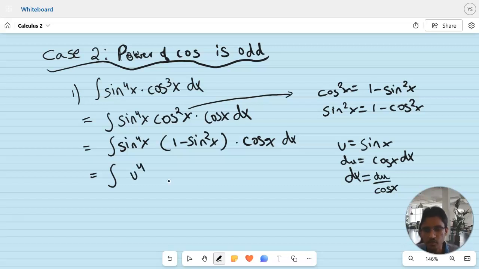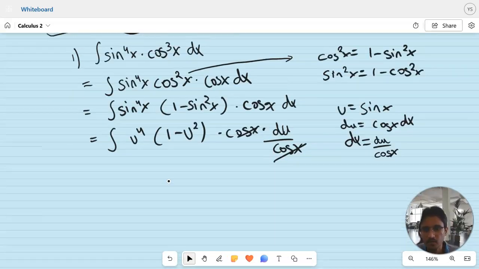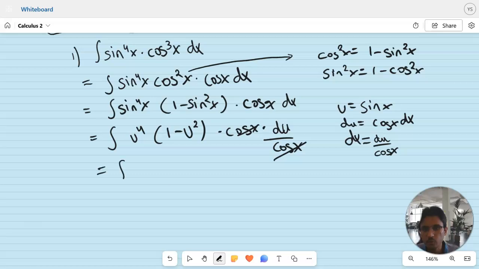Sine of x is our u, so we have u to the fourth times 1 minus u squared times cosine of x, times du over cosine of x. We cross those out and we're left with u's.